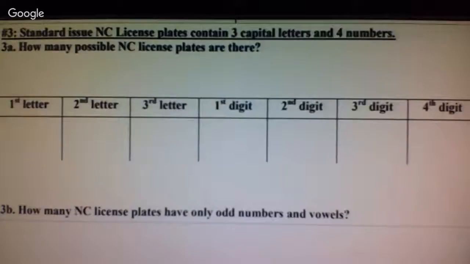I literally pulled up behind a car that said Smith. So we're looking at the normal license plate that usually goes letter, letter, letter, number, number, number, number.